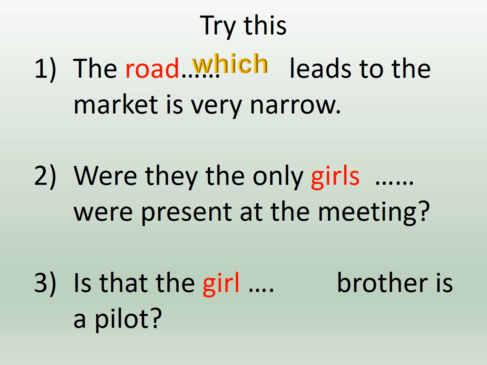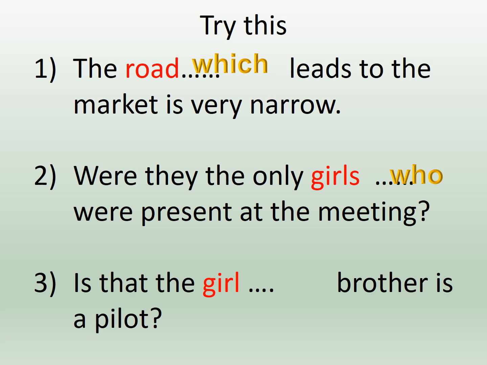So girls, I'm speaking about people. And I have here a verb. So I put what? Who or whom? It's who. So were they the only girls who were present at the meeting? I can also use that with people. I can say were they the only girls that were present at the meeting or who were present at the meeting.